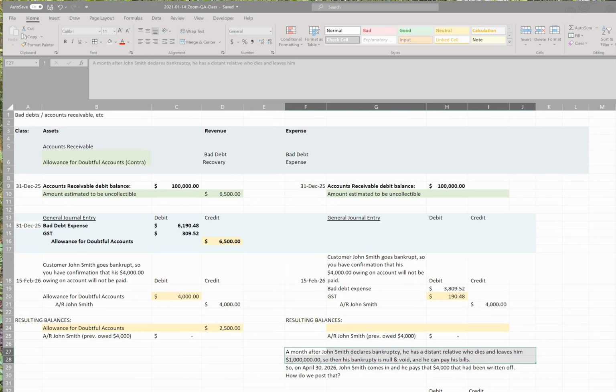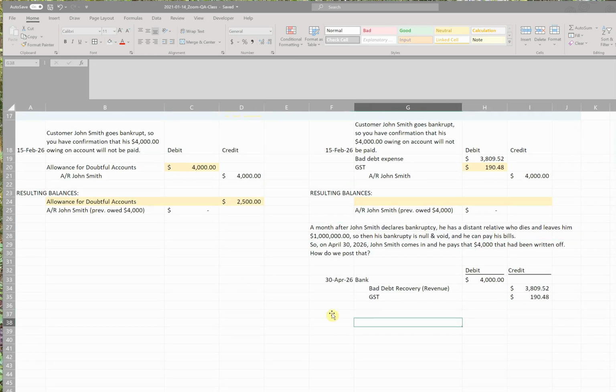So what happens in that case? Well, his bankruptcy becomes null and void because the trustee goes, oh, you have money now. You can pay your debtors. This bankruptcy is not going to go any further. And so on April 30th, 2026, John Smith comes into the shop and he pays that $4,000 that he had been written off. How do we post that?